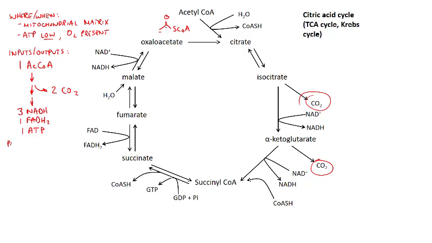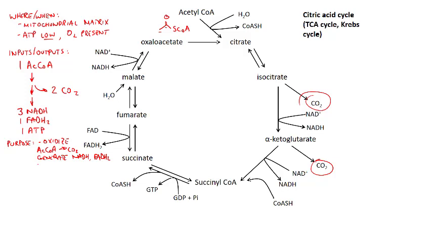The purpose of the citric acid cycle, there's actually multiple purposes. The main purpose is to oxidize acetyl-CoA to CO2 in order to generate NADH and FADH2. That's the main purpose of the citric acid cycle.